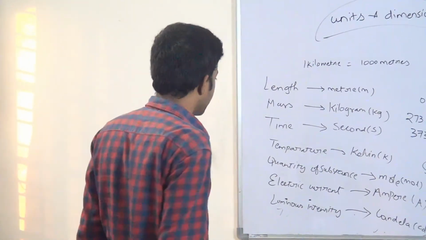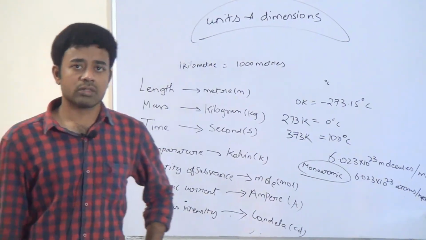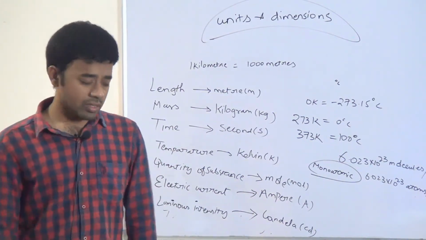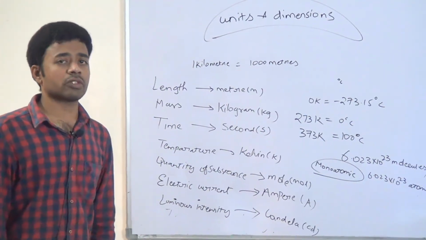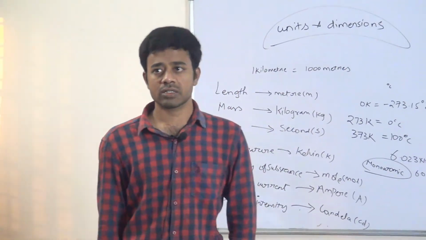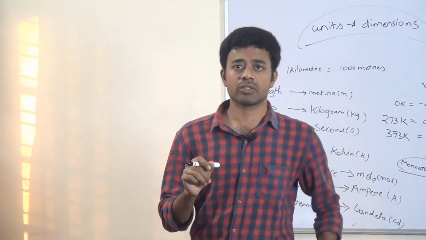So again, if we come back to amperes, if we place two wires which are parallel to each other at a distance of 1 meter in between them, then if it causes a force of 2 into 10 to the power of minus 7 newtons in between the two wires, then the amount of current flowing through those two wires is said to be 1 ampere.